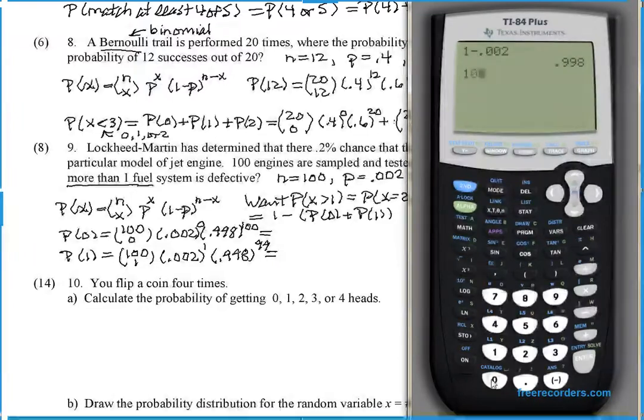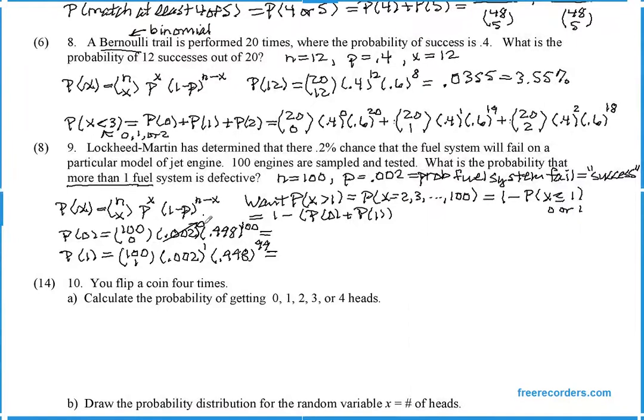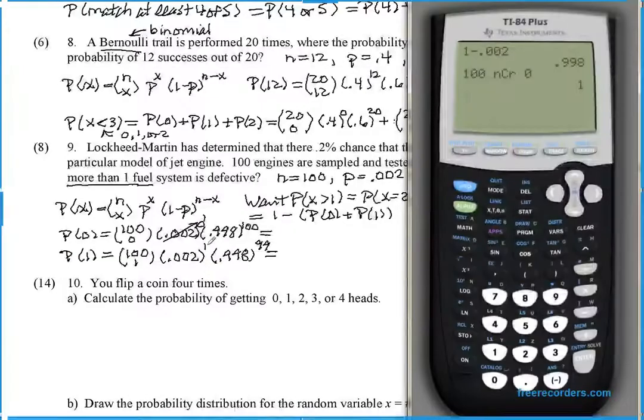So first 100, and math, probability, nCr 0 is 1. And we're going to multiply that by, well, anything to the 0 power is 1. So 0.002 to the 0 is 1. So we don't have to key that in. This is actually equal to 1. And so times 0.998 to the 100.